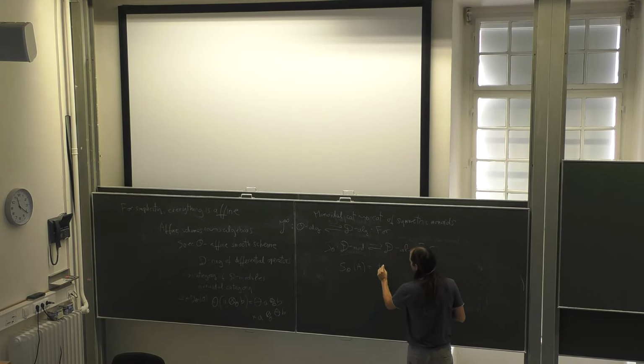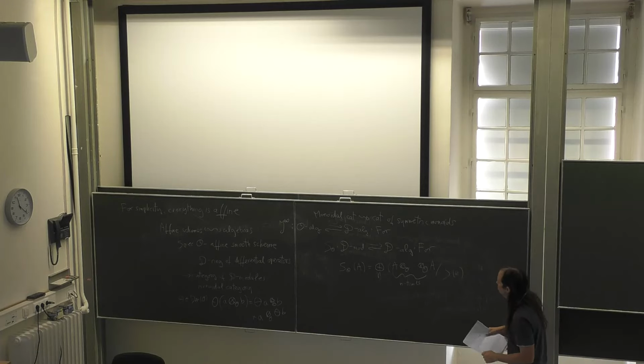is equal to the direct sum over n of A tensored over O, A tensored over O, n times, and then you quotient by the action of the symmetric group.